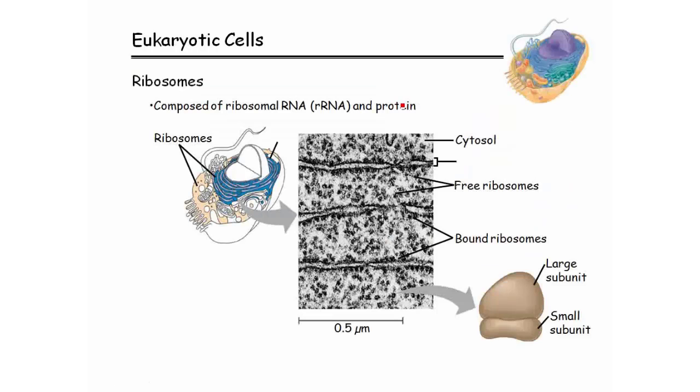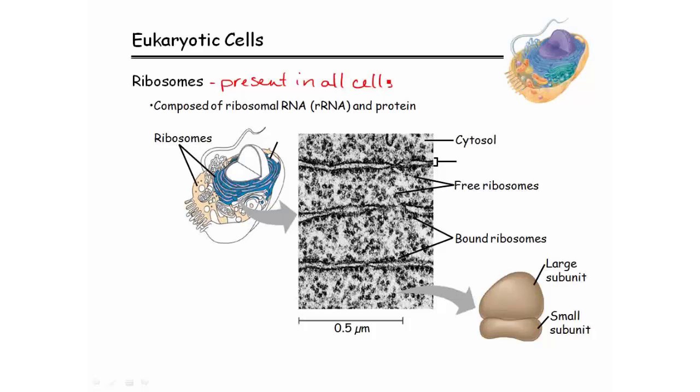The next part of the cell that we want to talk about are the ribosomes. And the ribosomes were one of those things that was present in all cells. So this would mean both eukaryotic and prokaryotic cells. These are going to be made up of 2 different types of molecules. They will be made up of some RNA, which, because it's found in the ribosome, we call it ribosomal RNA or rRNA.